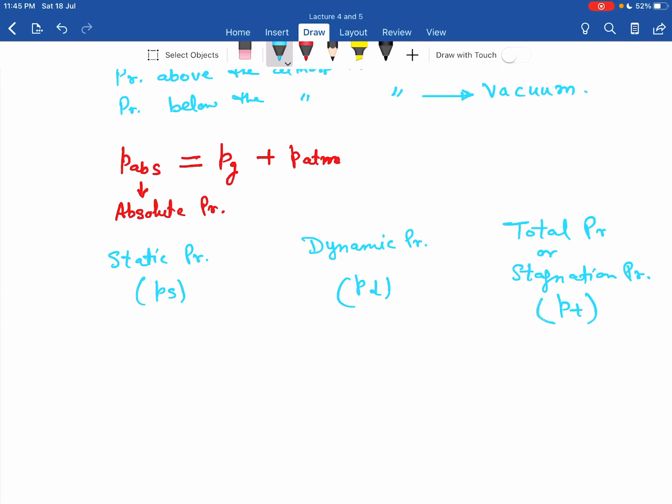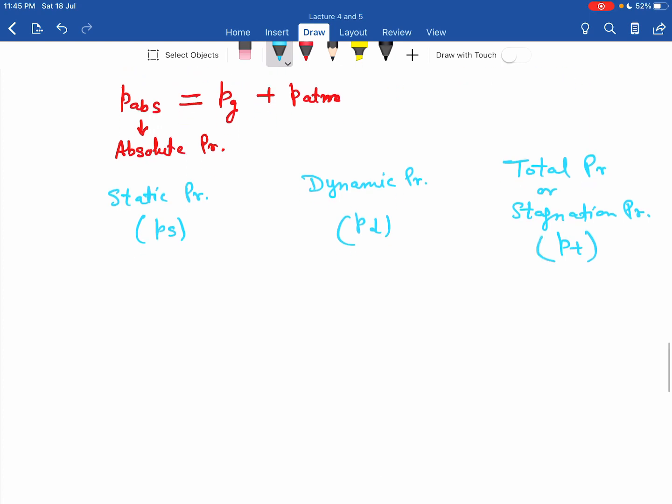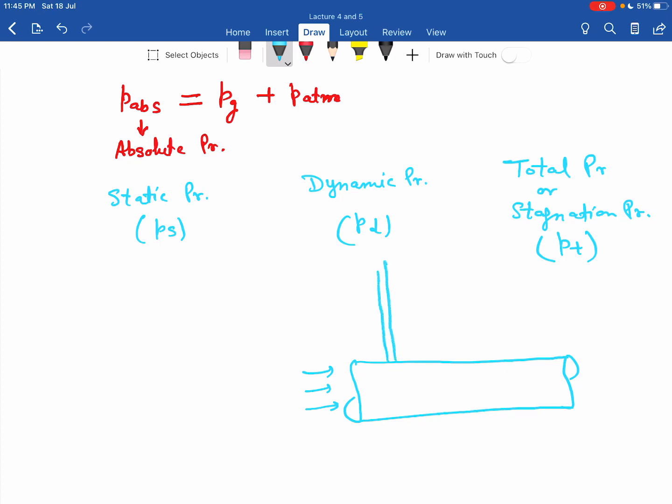So what is the difference between these three terms? Say we have a pipeline and some fluid is flowing through it. Now we insert two manometric tubes, one at the wall, another one in the intermediate. Okay, something like this.